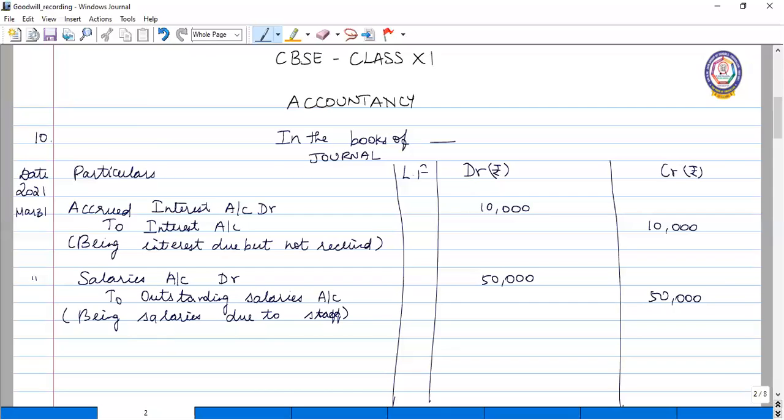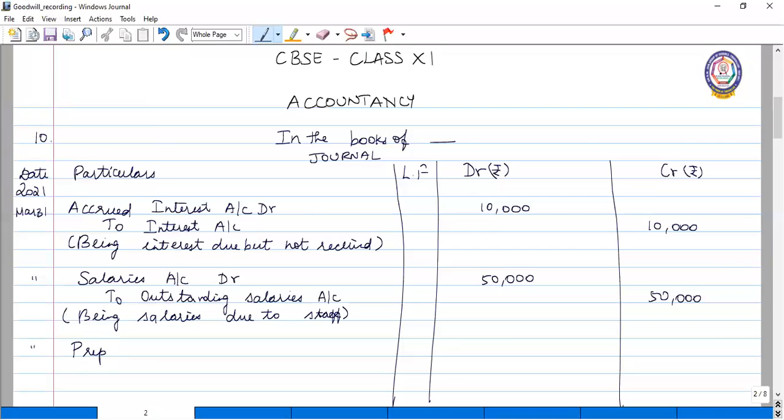Next one. Out of the rent paid this year, rupees 5,000 is for the next year. So when we pay any expense in advance, that is considered as an asset for us. So we have prepaid our rent. Whatever the amount we have prepaid should be considered as an asset and it has to be debited.